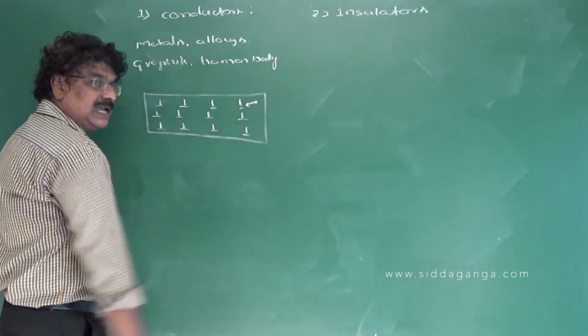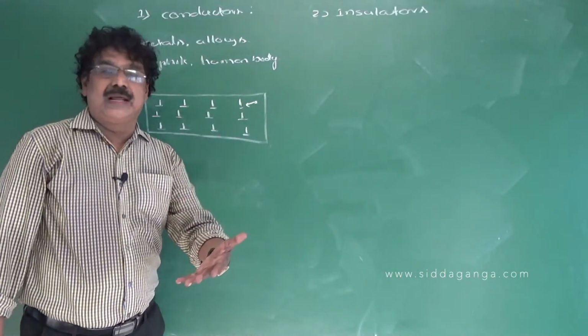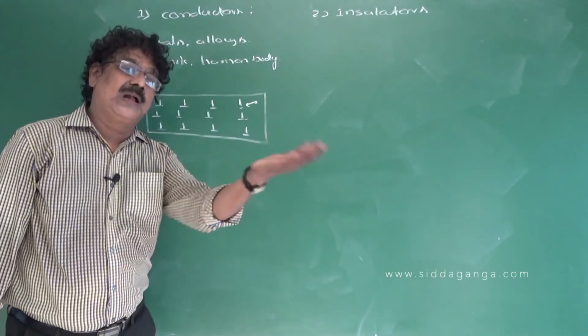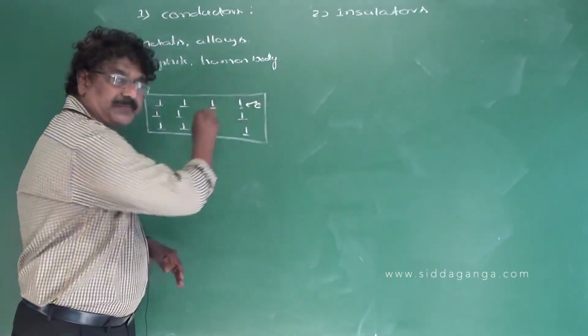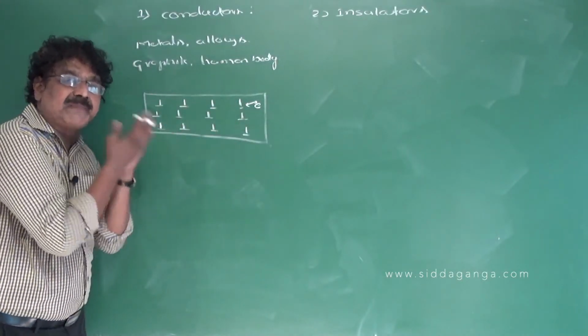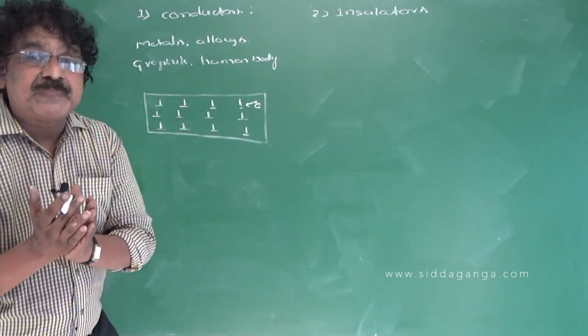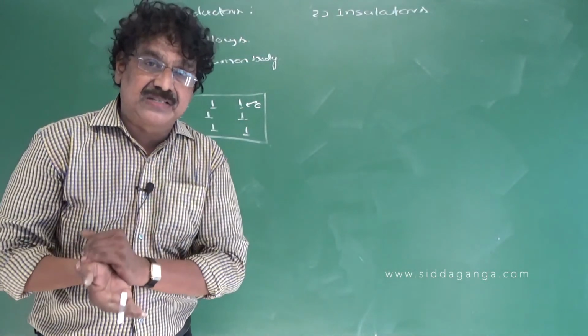In some metals, one atom contributes one electron; in some metals, one atom contributes two or more electrons. This electron is moving through interatomic spaces. Therefore, metals are good conductors of electric charges.